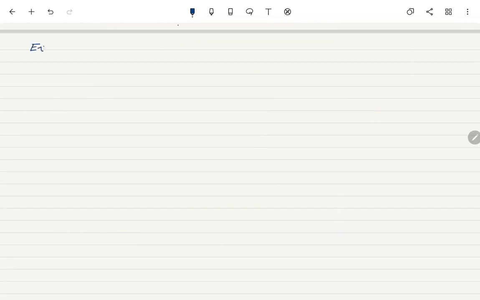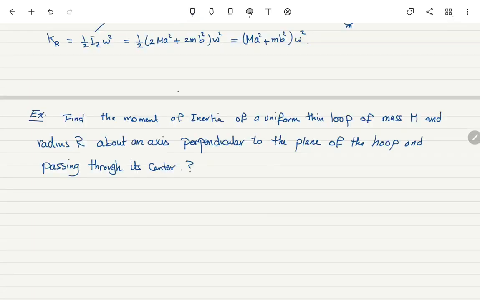Example: find the moment of inertia of a uniform thin loop of mass m and radius r about an axis perpendicular to the plane of the hoop and passing through its center. Here's the situation.